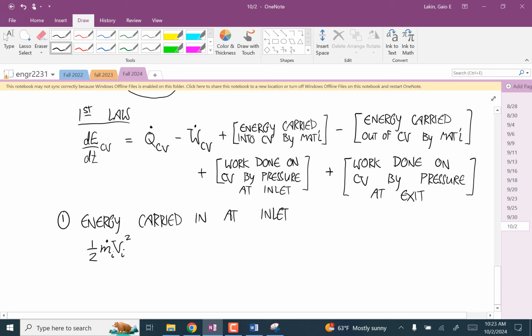This m also should have an inlet. That's the kinetic energy coming in, plus the rate of potential energy coming in. So that's m dot I times g times, we'll call it zi for the height. That's just gravitational potential energy.